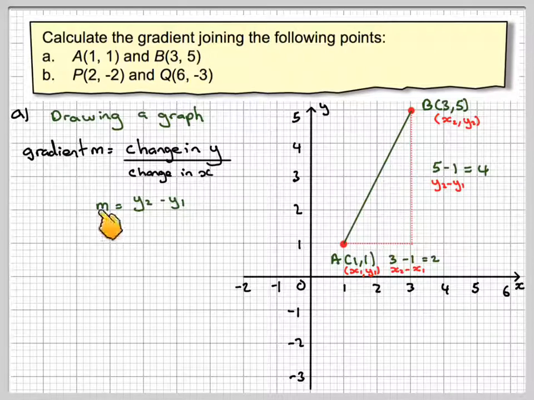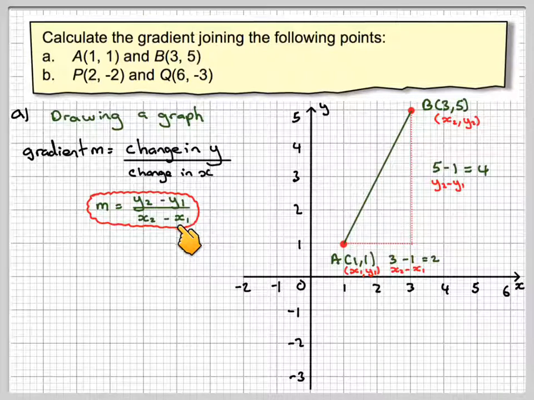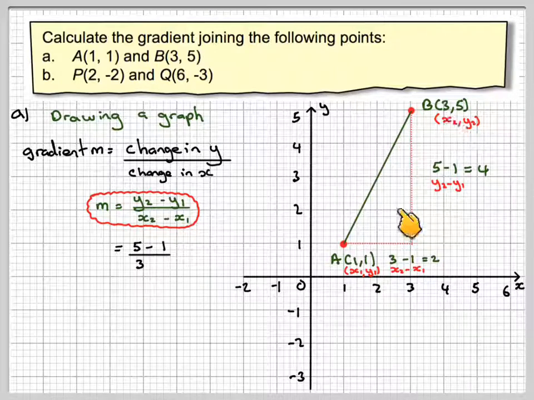So we could say that the gradient, and we use the letter M for gradient, is y2 minus y1 divided by x2 minus x1. That would be 5, the y coordinate of this one here, minus the y coordinate of this one, which is 1, divided by 3 minus 1. That gives me 4 divided by 2, which is equal to 2.